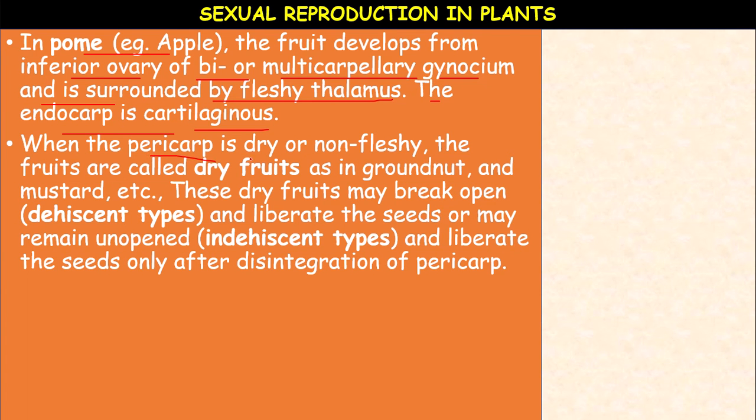When the pericarp is dry or non-fleshy, the fruits are called dry fruits, as in groundnut and mustard. These dry fruits may break open, that is dehiscent type, and liberate the seeds, or may remain unopened, indehiscent type, and liberate the seeds only after disintegration of the pericarp.